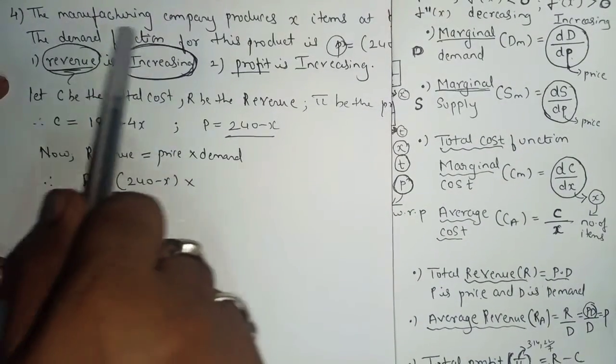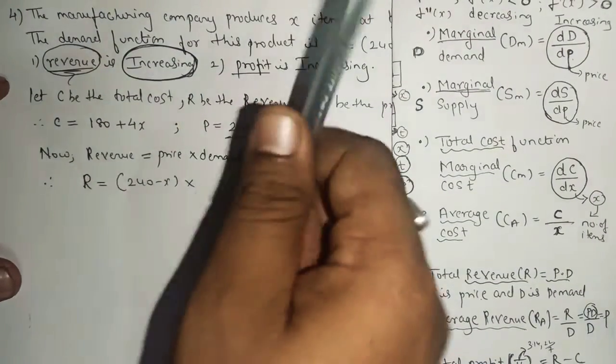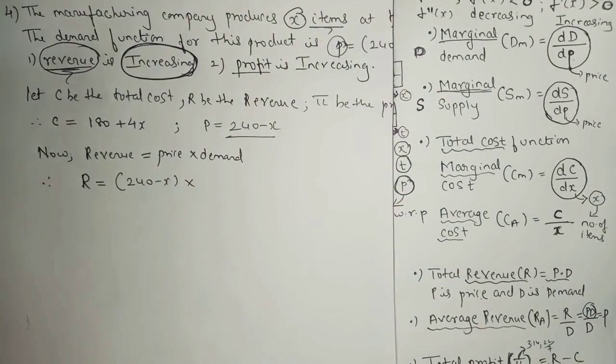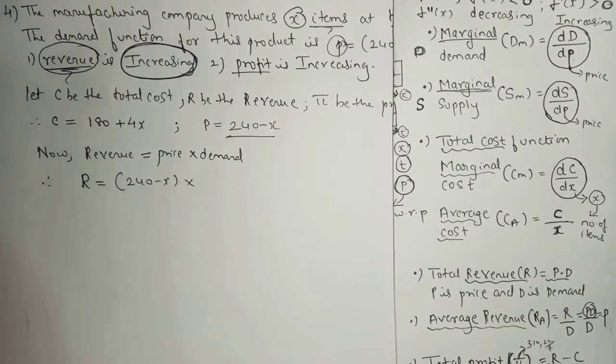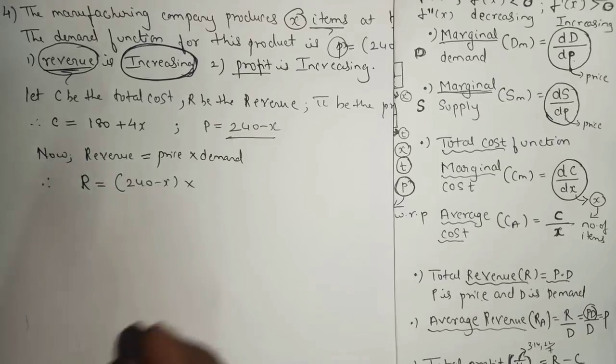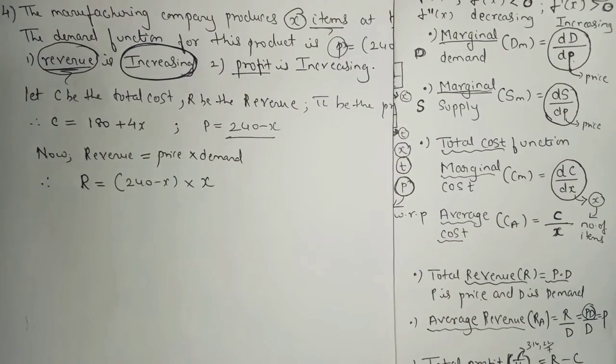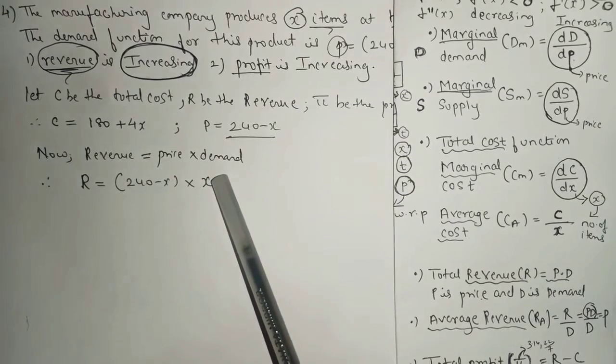The manufacturer company produces X items, so how many articles we have to demand, exactly we don't know. So when we don't know how many items we have to demand, the demand will be x. Got the point here? Exactly we don't know.